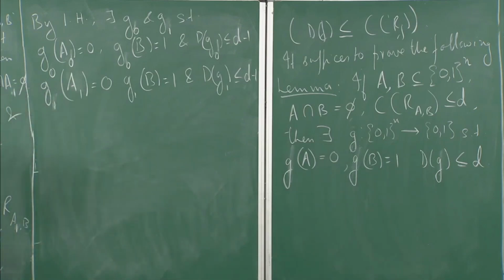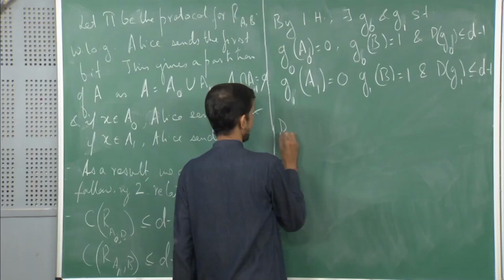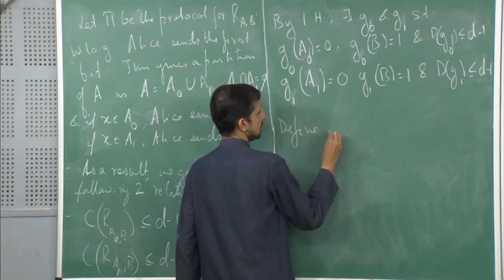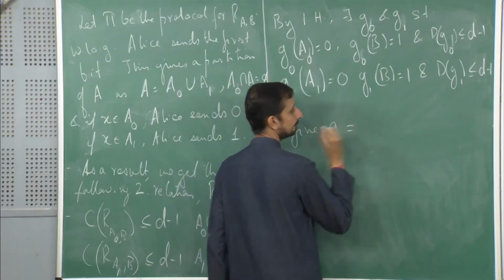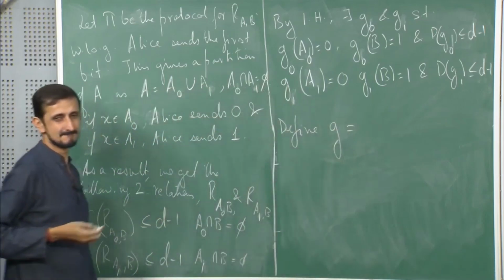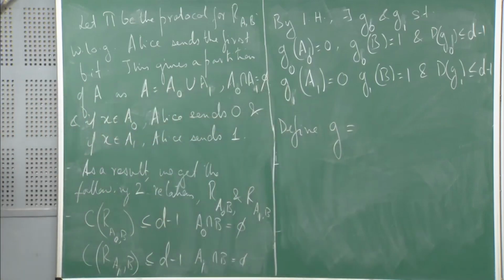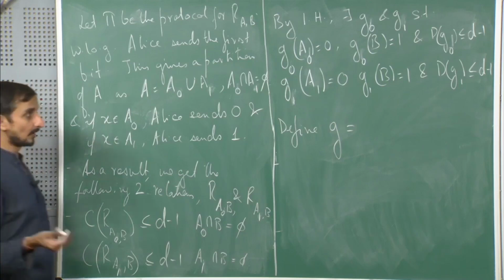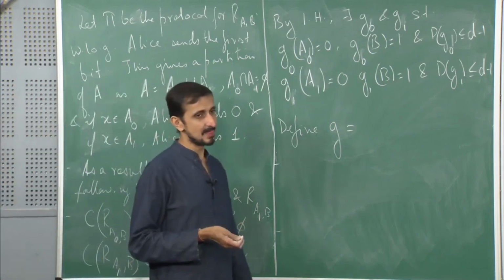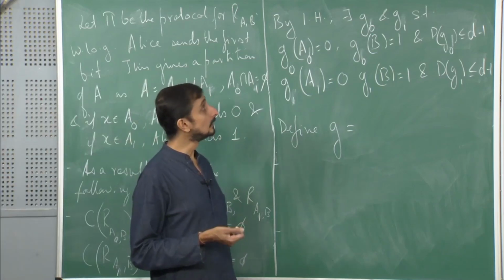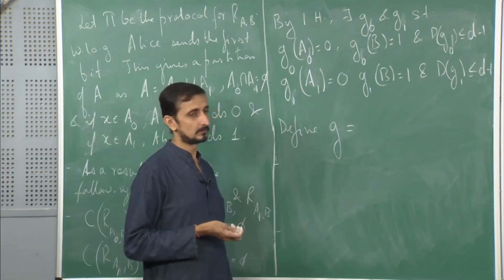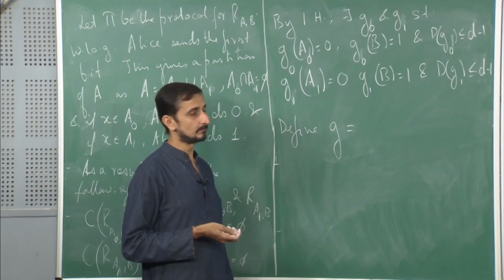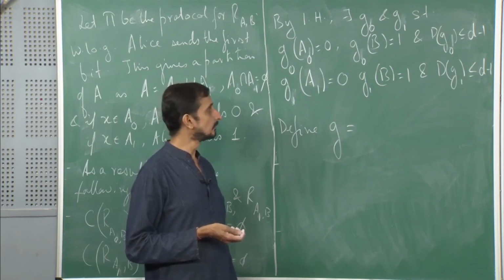How do I define G now? Any element of A is going to be 0 either for G0 or for G1, and any element of B is going to be 1 for both of them, right.